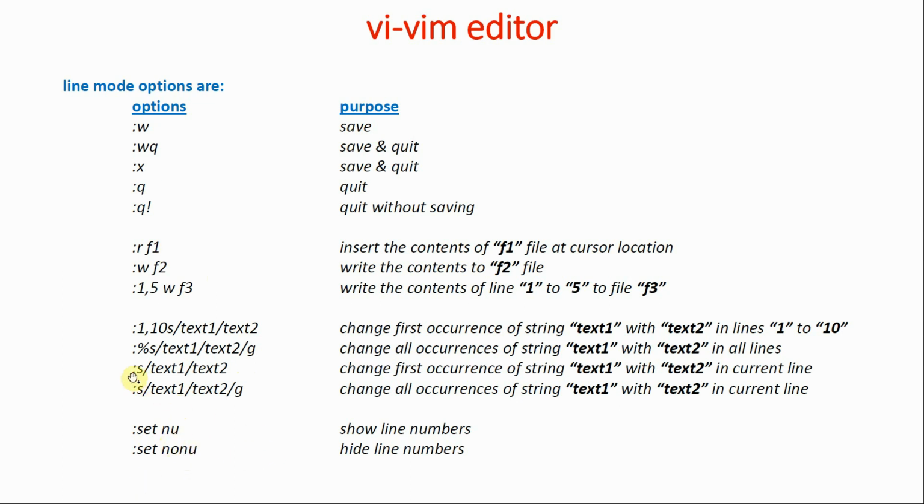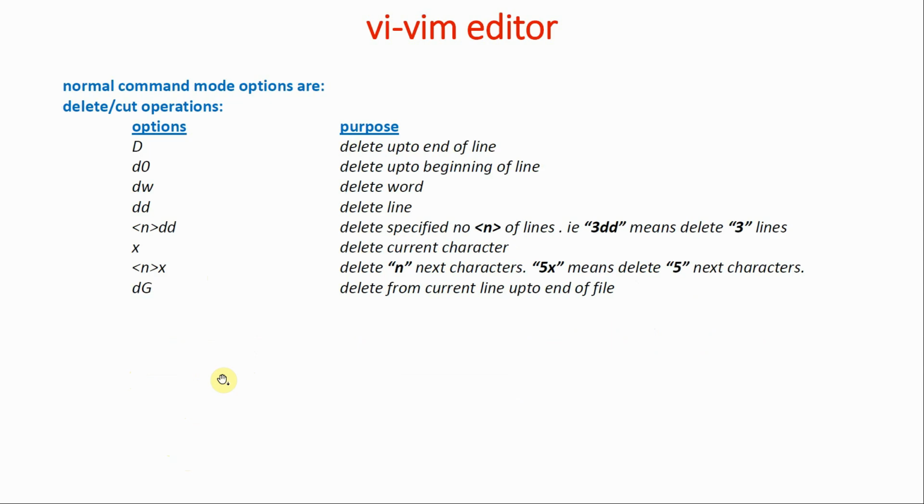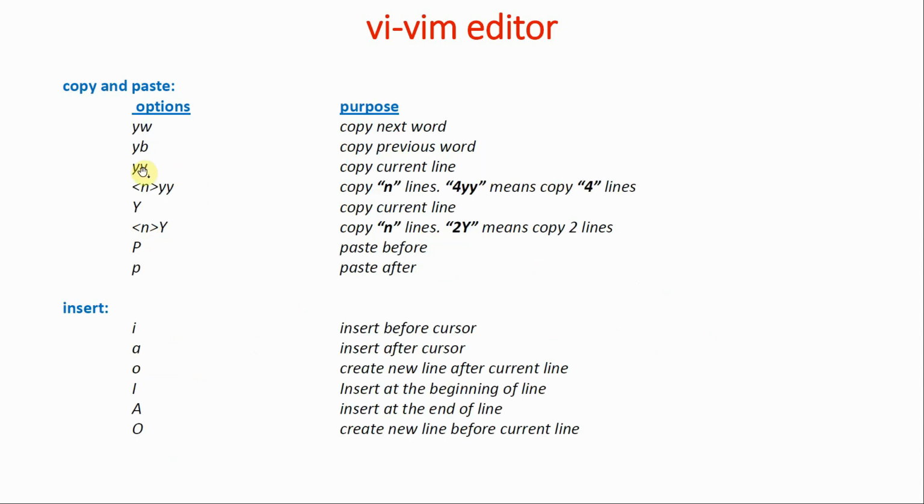And you can search also, and substitute also. Substitute this text 1 with the text 2, we will see that. DD was delete line, and nDD means delete a specified number of lines. Then we have yy to copy the current line, and with nYY you can copy many lines.